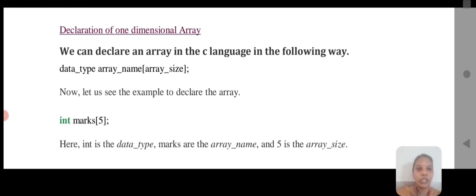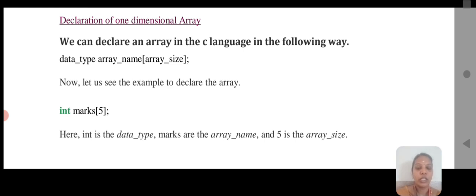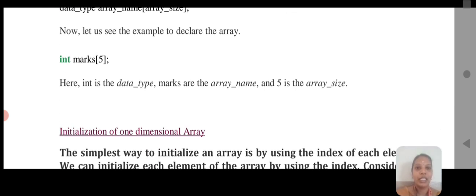Here we mention mark and we get 5 marks, so we define 5 in square brackets followed by a semicolon. Here the memory allocation for mark is from 0 to 4. Here int is the data type, mark is the array name, and 5 is the array size.